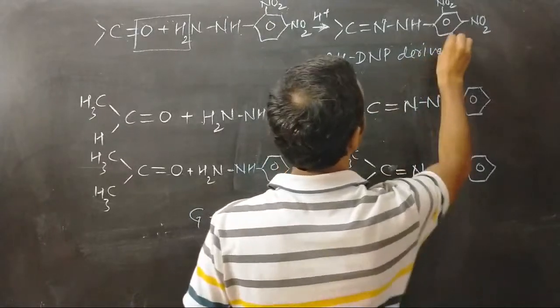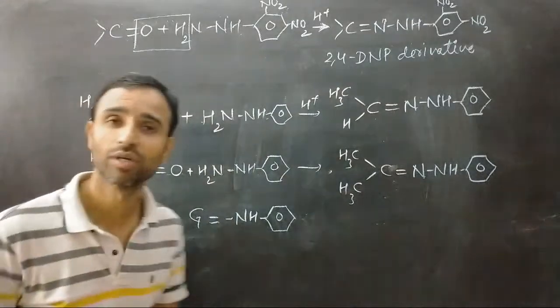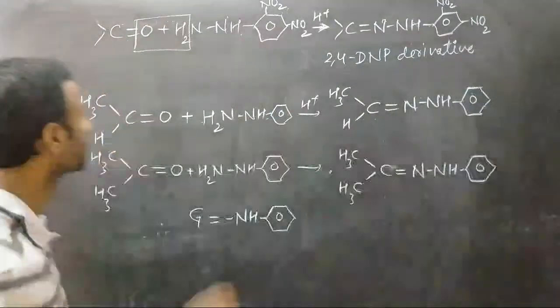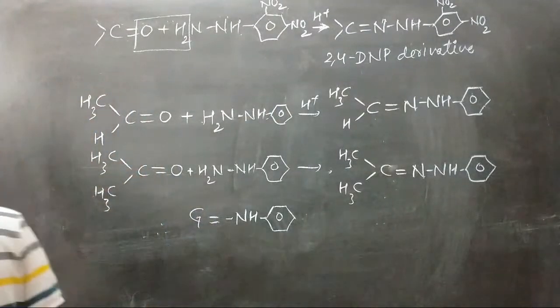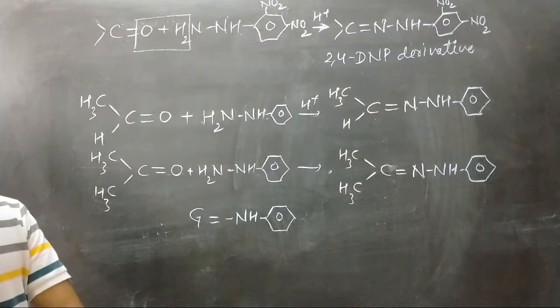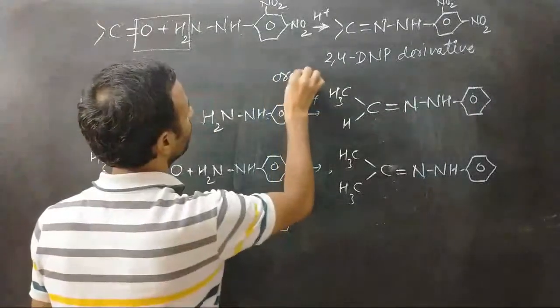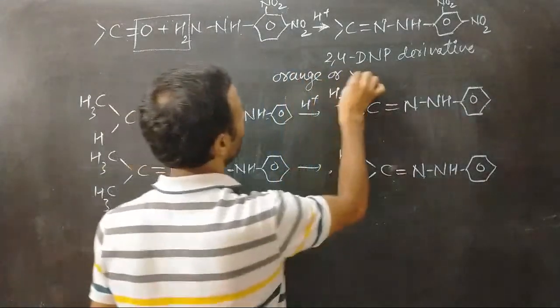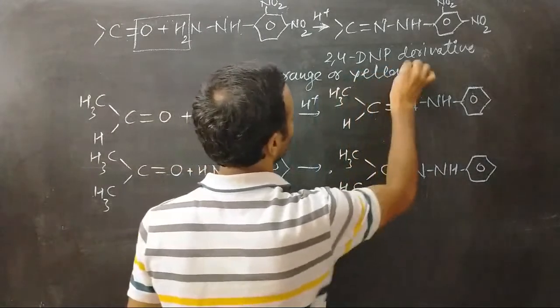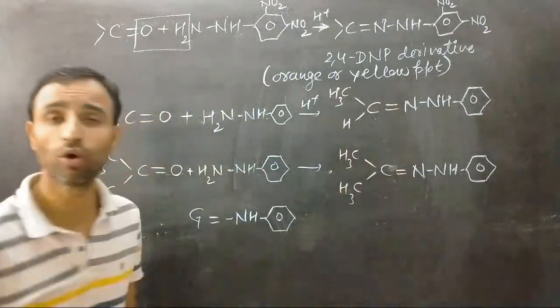It is a very useful test. It is used to test carbonyl compounds, because in this case we get, what will we get? Orange or yellow precipitate. So the 2,4-DNP derivative is an orange or yellow precipitate.